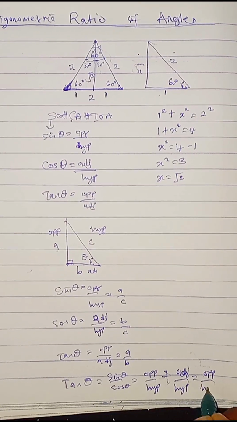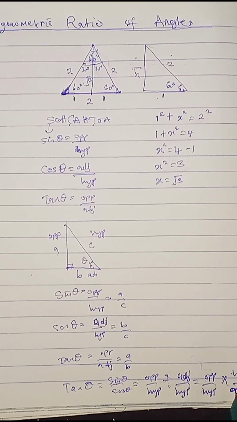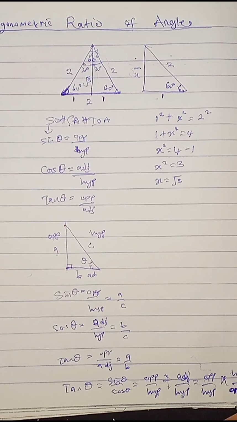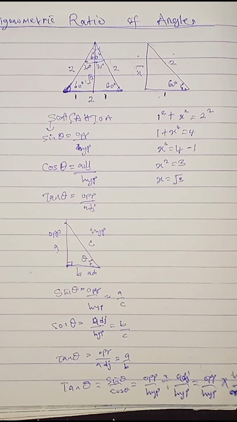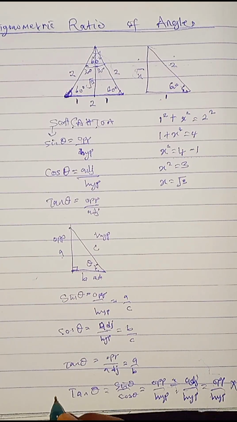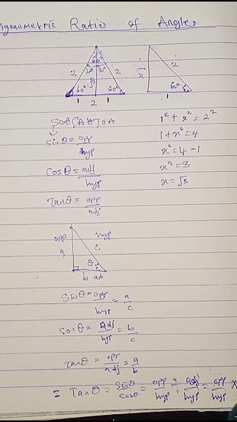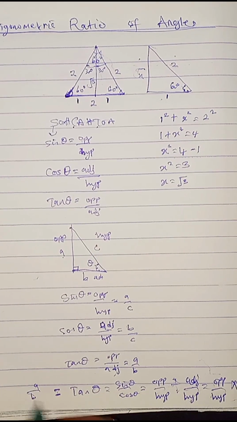Opposite over hypotenuse multiplied by hypotenuse over adjacent. This will give us opposite over adjacent. That means tan theta is opposite over adjacent, which is A over B.